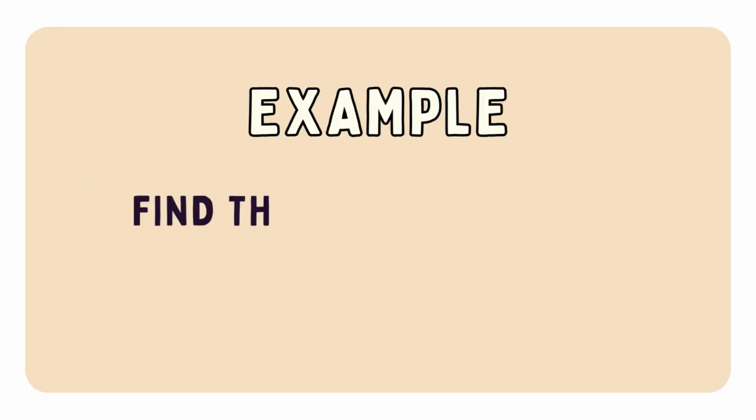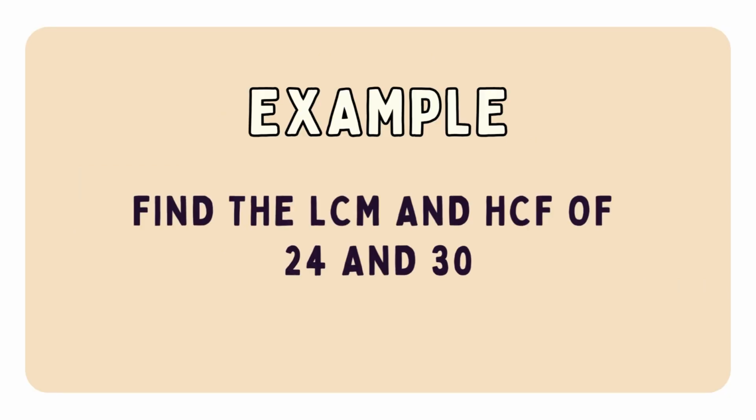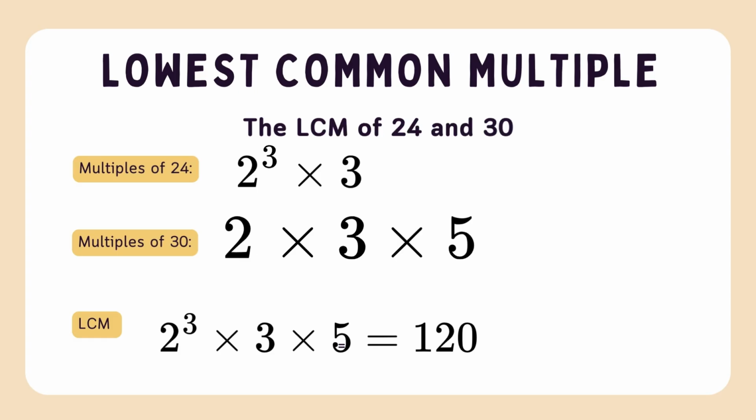Let's take a look at another example. The LCM and the HCF of 24 and 30. To get the LCM, we'll break each number down into its prime factors. So 24 is 2 raised to power 3 times 3. That is 2 times 2 times 2 times 3 gives me 24. And for 30, it's 2 times 3 times 5.